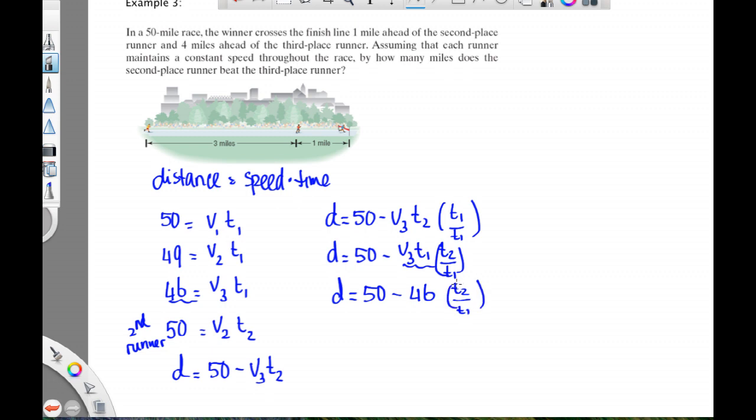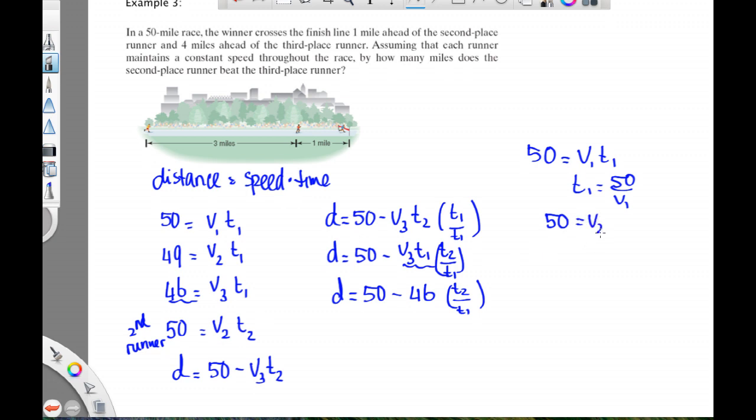I can write expressions for t2 and t1. If I know that the 50 miles is the velocity times the first time, then t1 is 50 divided by v1. And I know that 50 is also equal to, what am I looking for? V2 t2, right? And that's the only t2 that I have.